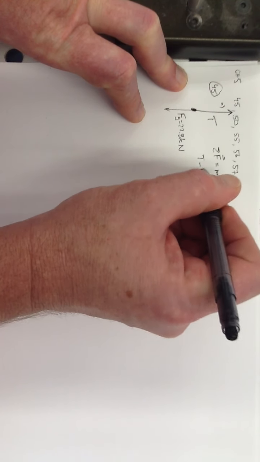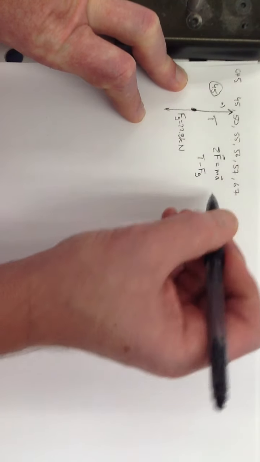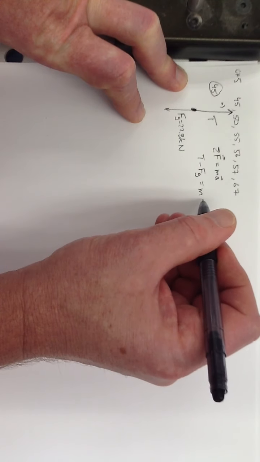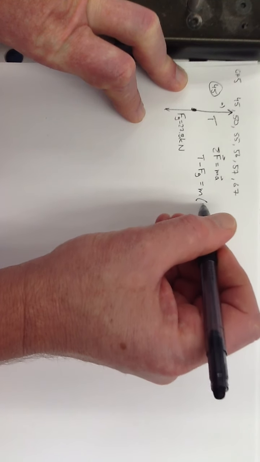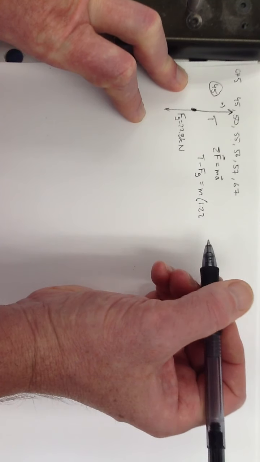with that. So this is the winning direction, so winners minus losers, that's my sum of all forces, is equal to mass times the acceleration. Here is 1.22, I believe.